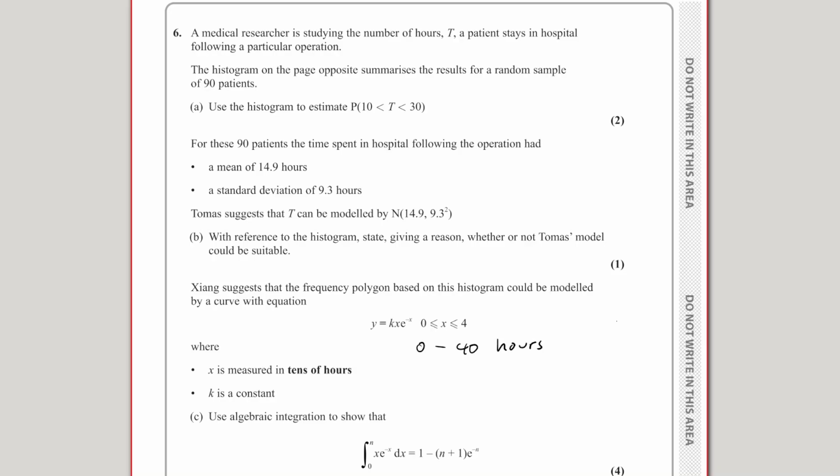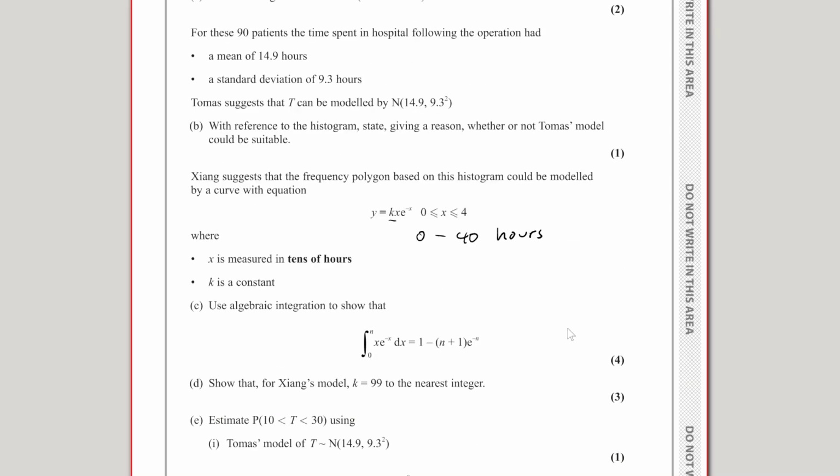X is in tens of hours and k is a constant. Use algebraic integration to show that the integral of x e to the power of negative x between 0 and n is equal to this. So we're integrating. We've got two things multiplied together.